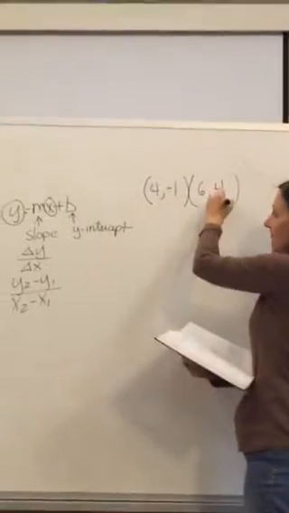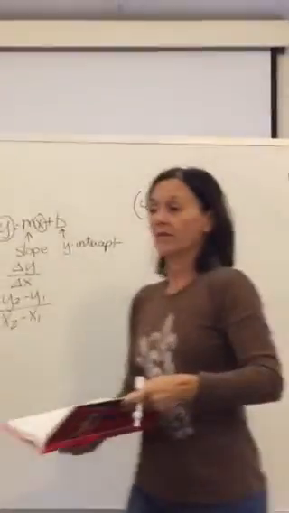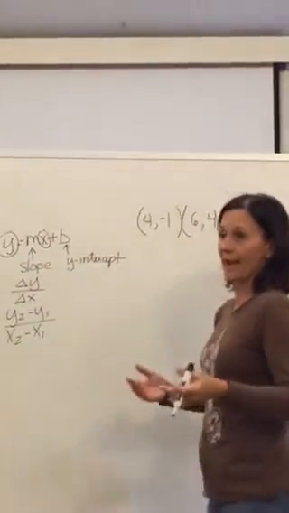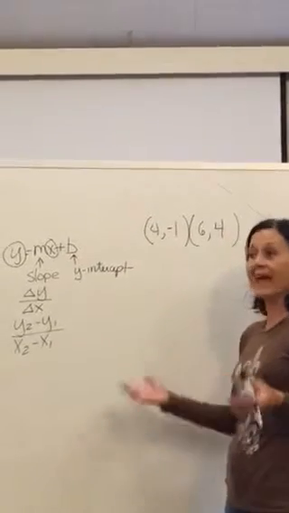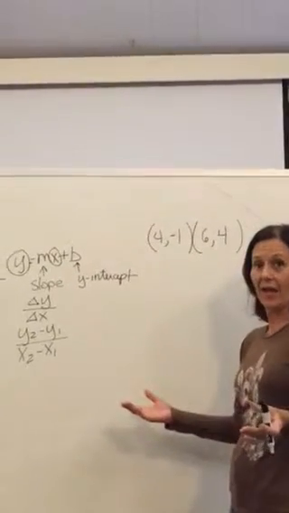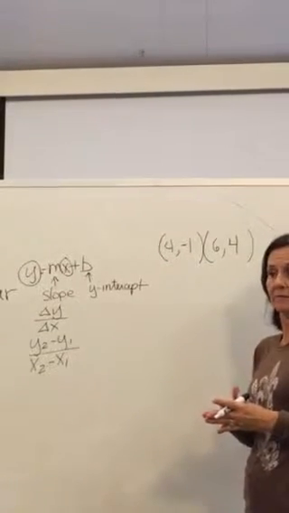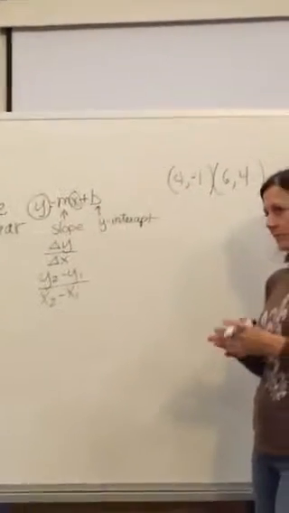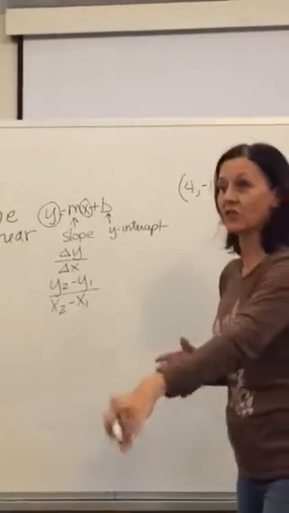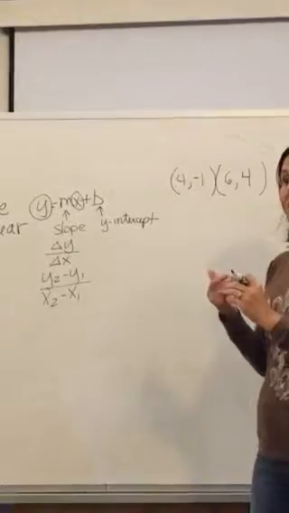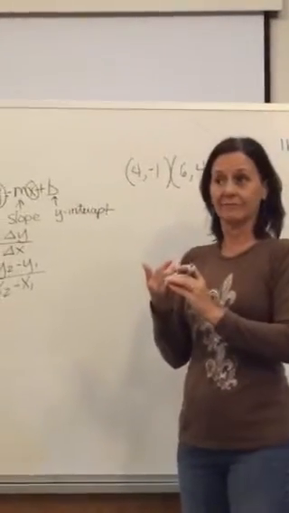Yes? Okay. Now, what's different with this graph is, can you see where it crosses the y-axis? No. You can't. Where do you think it's going to cross the y-axis? Below negative 6. So it's going to be negative down. And is my slope going to be positive or negative?